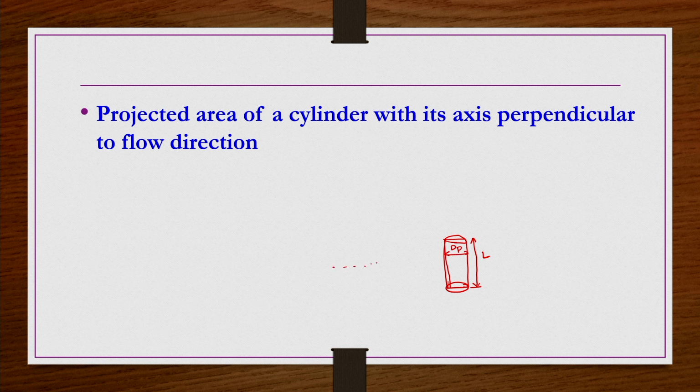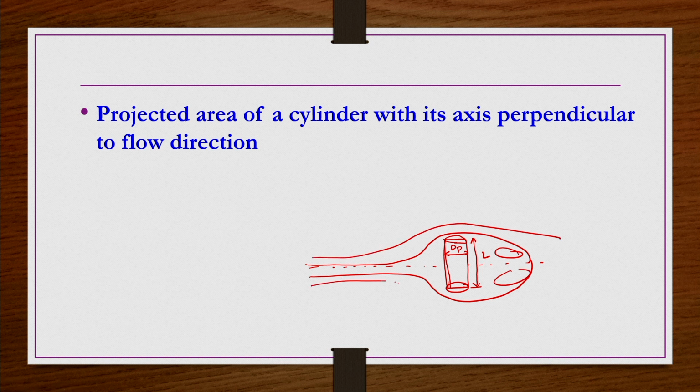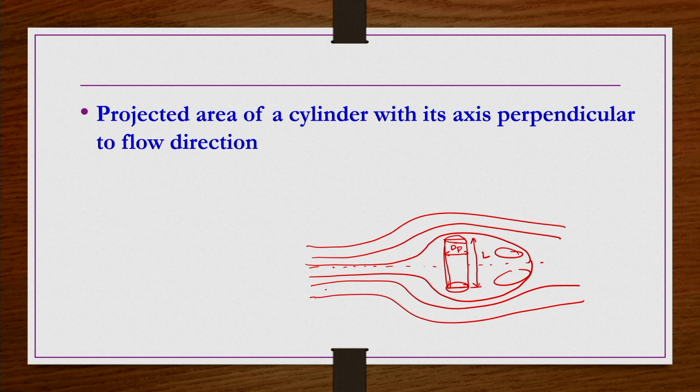Now here the flow is coming in this direction like this, right. Again here also, depending on the magnitude of the approaching velocity, there may be some kind of recirculation wakes, something like this, or there may not be any recirculation wakes if the flow is very small. So, something like this, the streamlines you can see.